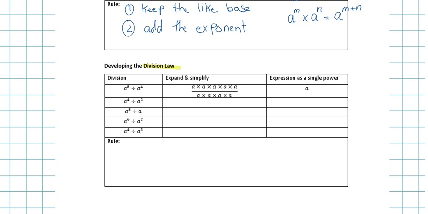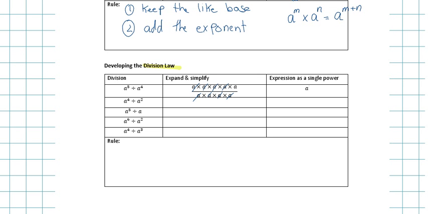So what happens here is I can simplify, okay? If you look here, I can simplify an a with an a, until I have no more a's in one of them. So in this case, how many a's do I have left? One a in the numerator, right? So it's a to the power of 1, but I don't have to write that power.